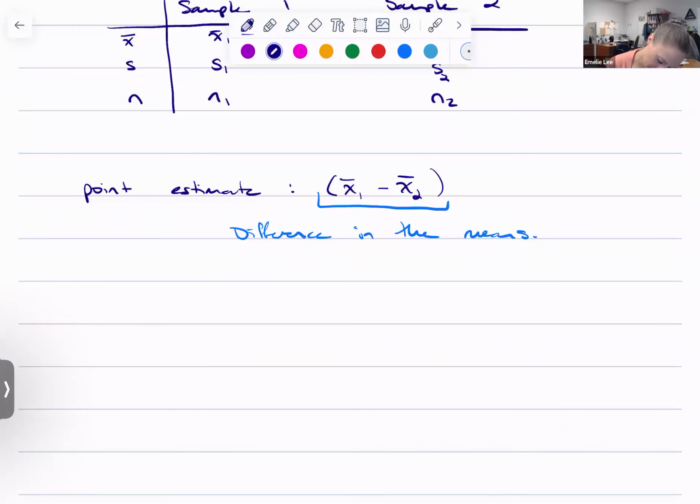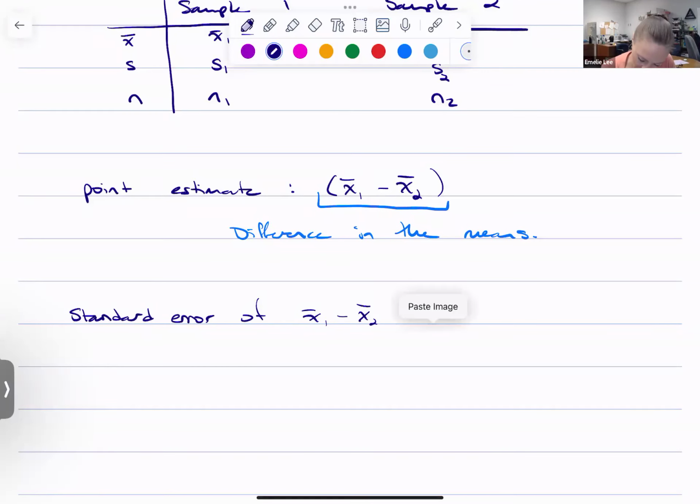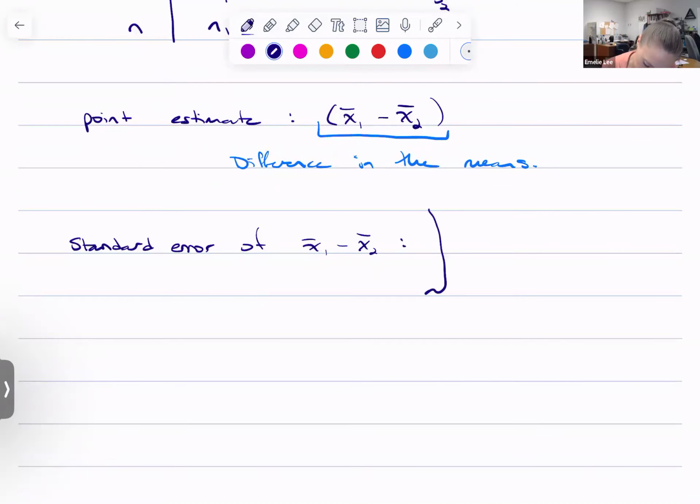What's nice is that the standard error of x1 bar minus x2 bar is always going to be this, regardless of the confidence interval or the hypothesis test, right? And so the standard error is going to be the square root of s1 squared over n1 plus s2 squared over n2.